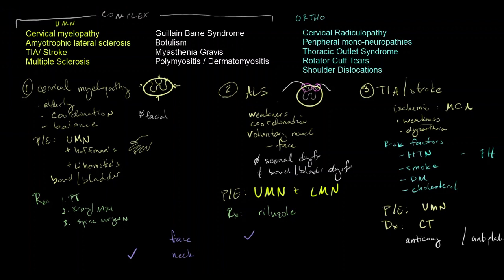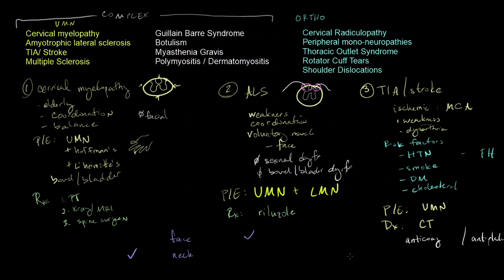Once again, you have some overlap in these two presentations. ALS and TIA could be easily confused. They both have weakness, unilateral weakness. They both can have dysarthria and dysphagia. So what's the main differentiating factor between ALS and TIA stroke? Well, that will be onset.